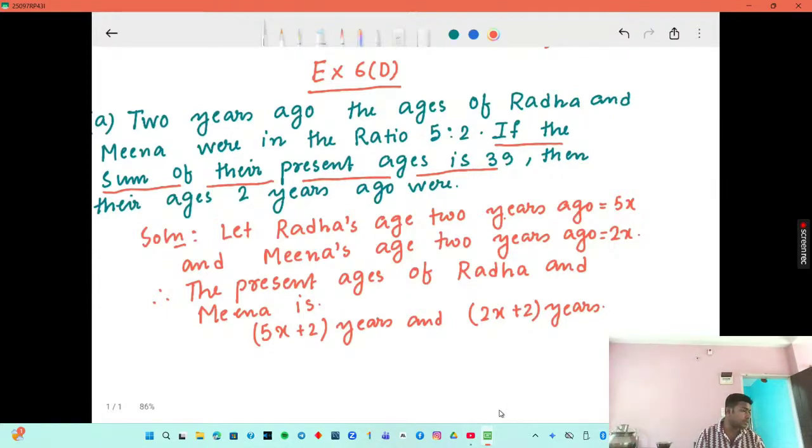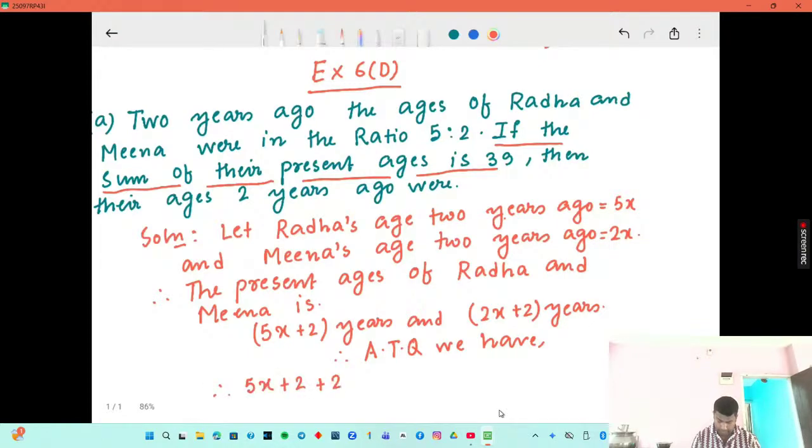Therefore, according to the question, we have to form an equation. According to the question, the sum of their present ages is 39. Therefore 5x plus 2 plus 2x plus 2 is equal to 39.